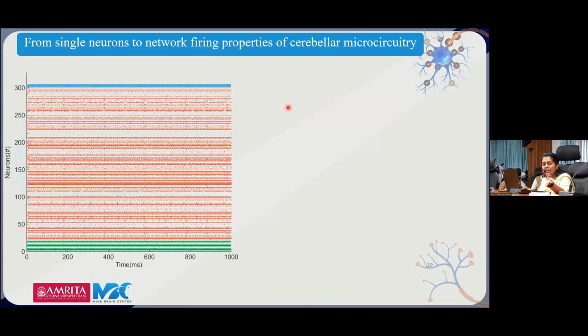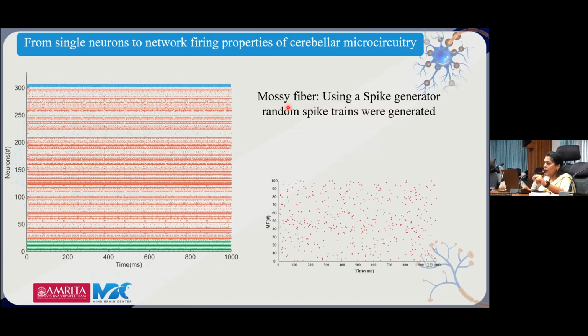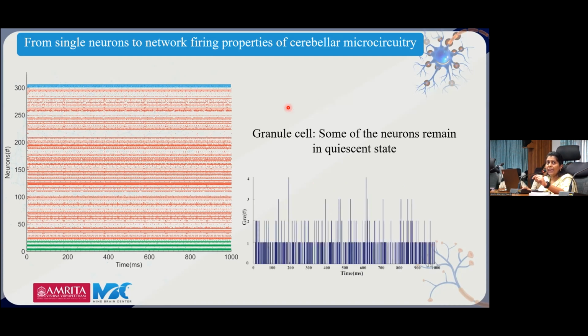The green color shows the mossy fibers, the red color shows the granule cells, and blue represents the Purkinje cell. Based on the number of mossy fibers, the granule cells were designed, and based on the output, the number of Purkinje cells were designed. For this example, we used a random spike generator as the mossy fiber. For the granule cell, it was observed that most of the granule cells remained silent.